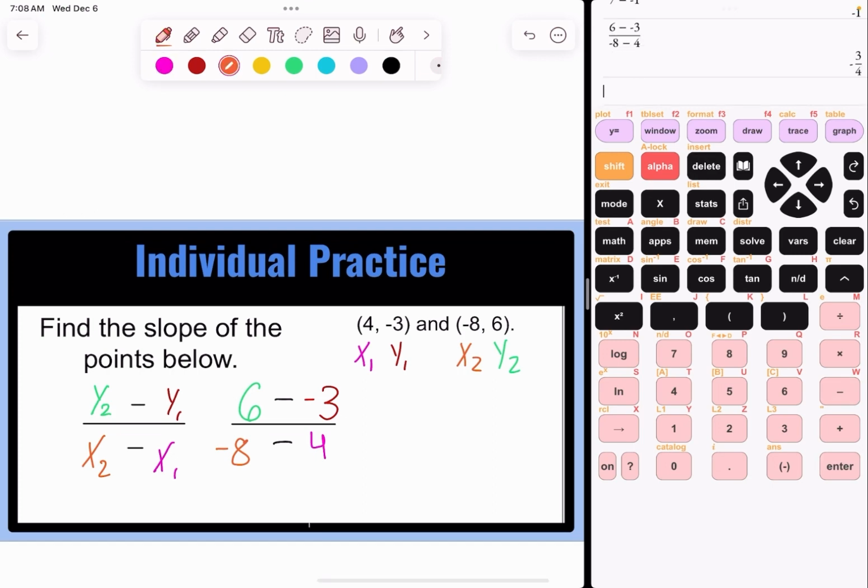And we get -3/4. Beautiful. So remember, the top number talks about rising. If you're rising a -3, you're going down 3. And if you're running a 4, that means you're going to the right 4. Good job. Now we are going to see how to do this when we are given a table.